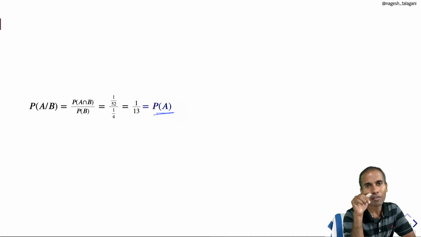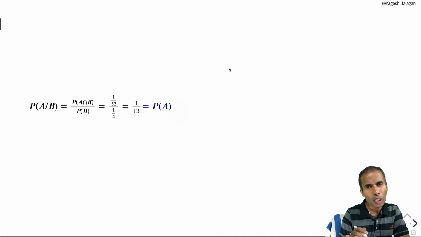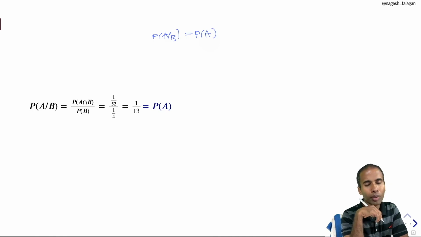Let's come up with a definition for independence of two events. Now, the situation should be like this: the probability of A given B equals the probability of A. Then we want to think of it as the information about event B being independent of event A, and then we want to say A and B are independent. Now I want to come up with a definition for independence of two events. Why can't we simply take this as a definition: if the probability of A given B equals the probability of A, then A and B are independent?